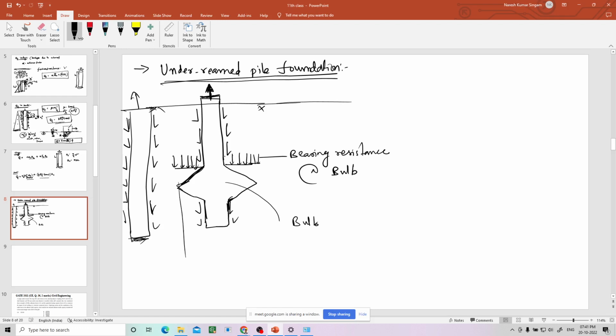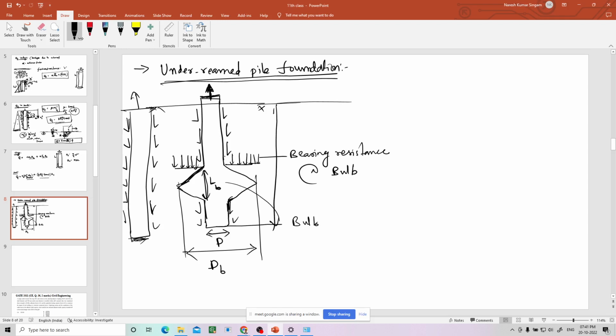So there will be some diameter for the bulb, can be denoted by dB. There is diameter for the pile. So there will be some length. So this much portion you can say LB, and this is total length.